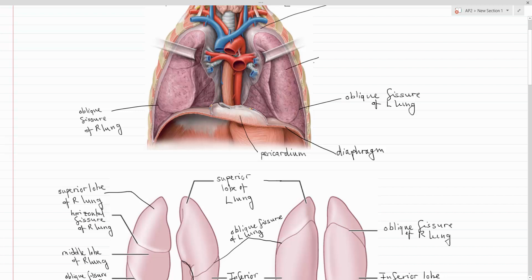So going back over here, this is naturally the superior lobe of the right lung, and you can barely see the inferior lobe of the right lung on the anterior view, and we should always label the view. This is the anterior view.